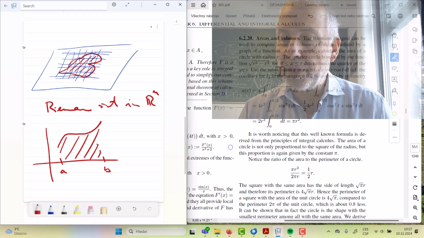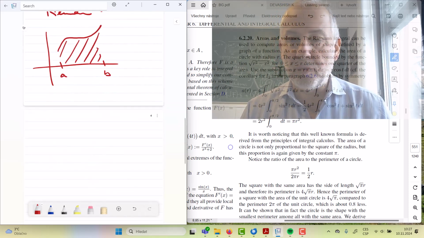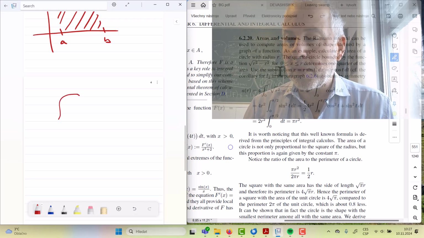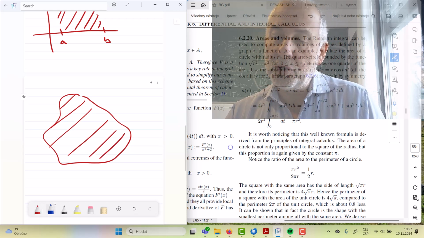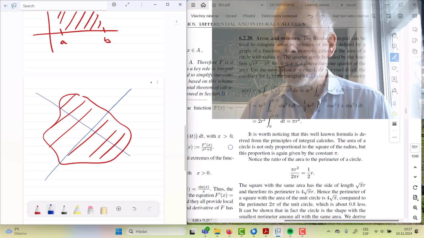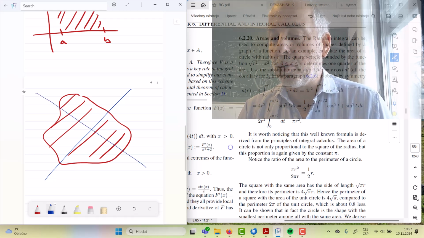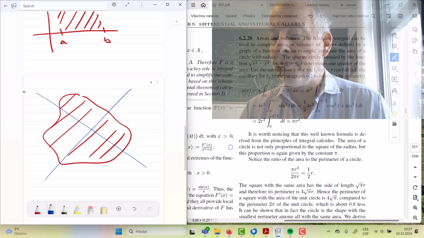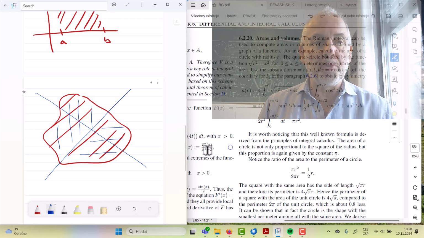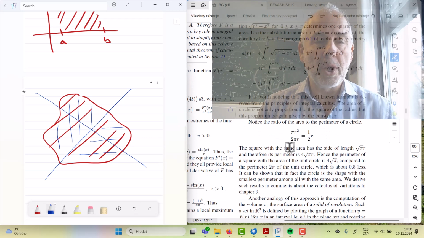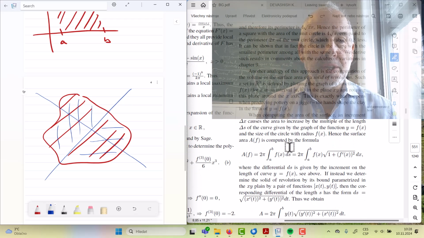So of course, if it's something more complicated, like this, then we would have to choose some line and coordinates so that the upper part and the lower part are bounded by a graph, which is the case now, and we compute them one by one. First this one, then this one, and then we add it together. Right, so this is how we compute the areas in the plane using the Riemann integral.